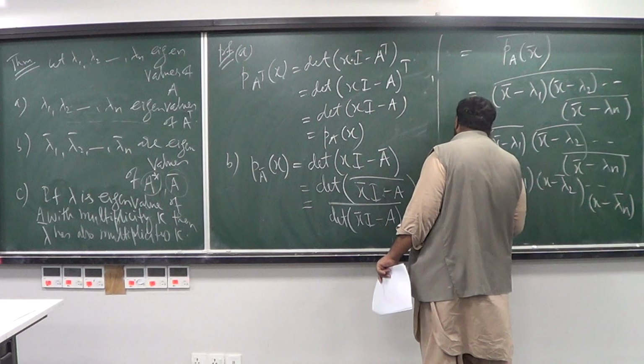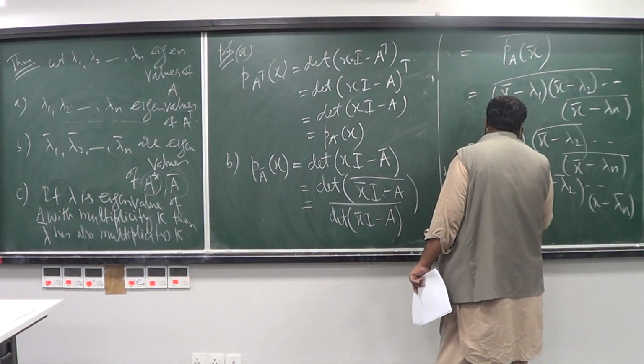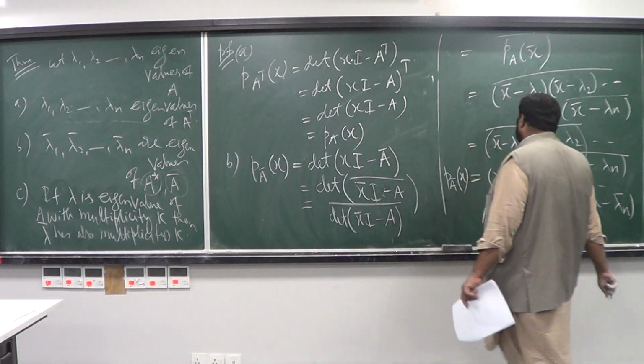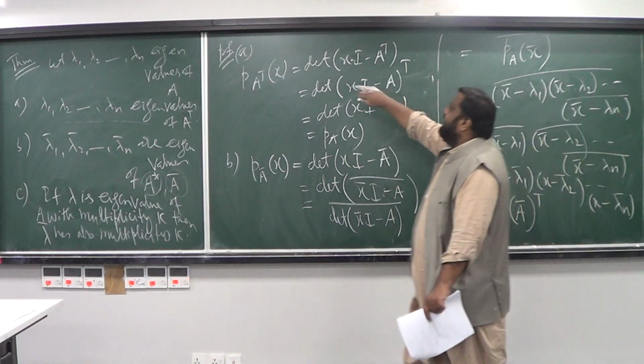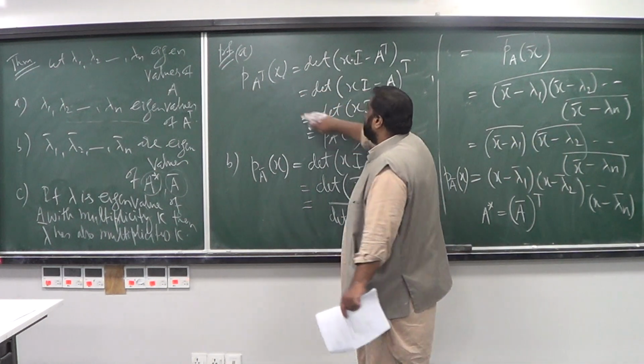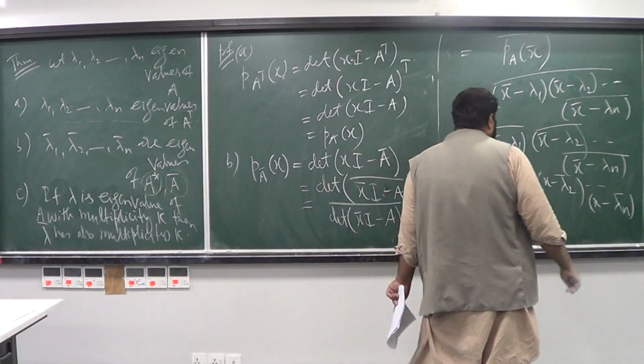It is easy to deduce that since A star is the conjugate transpose, and we know from here that the characteristic polynomial of any matrix is the same as the characteristic polynomial of its transpose.